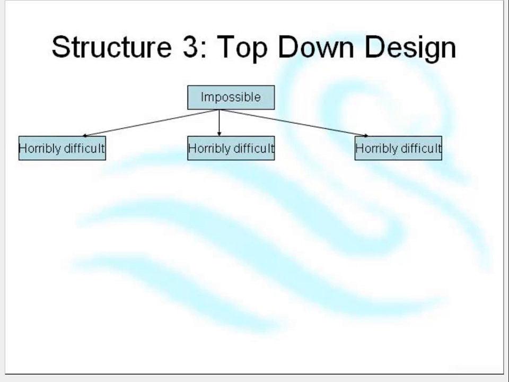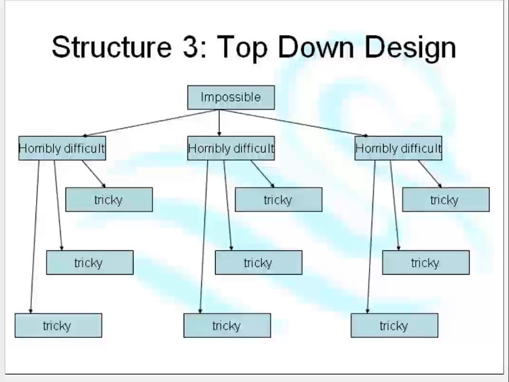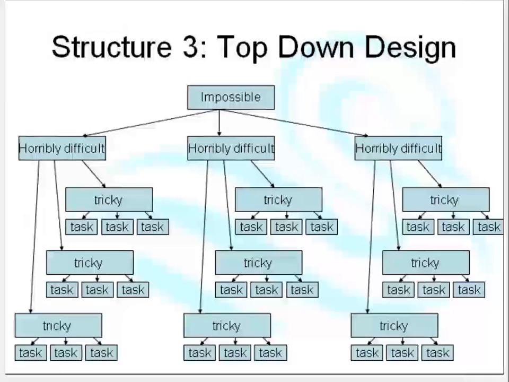Now you look at each horribly difficult task and you break that down into tricky tasks. So now each horribly difficult task is 3 tricky tasks. Okay, that's looking better. Now we break each tricky task down into tasks.